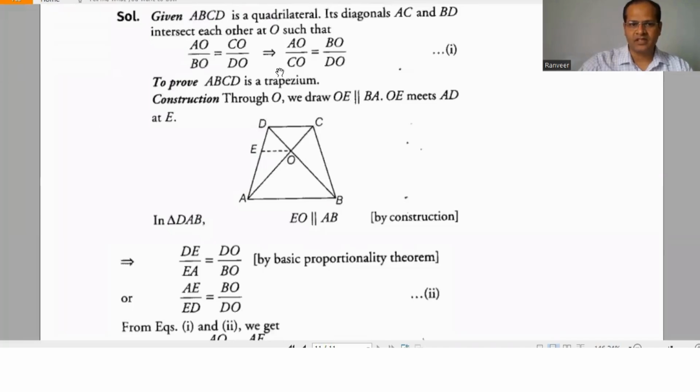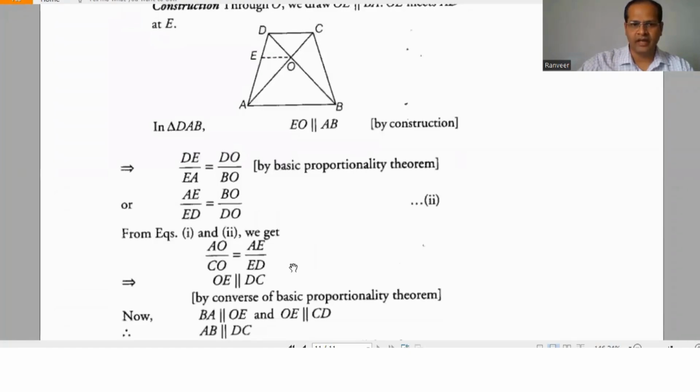The reason is that in the first, BO by OD is the value, so here we just take the reciprocal of the term. So BO by DO, and the right hand side is the same. So from the first and second, we can write AO by CO equals AE by ED.